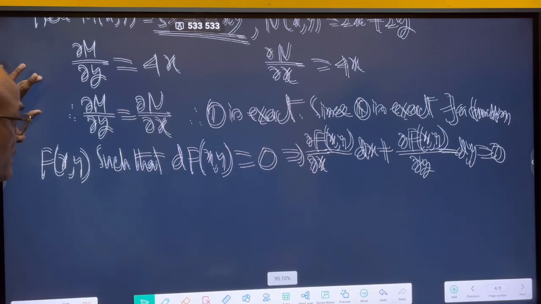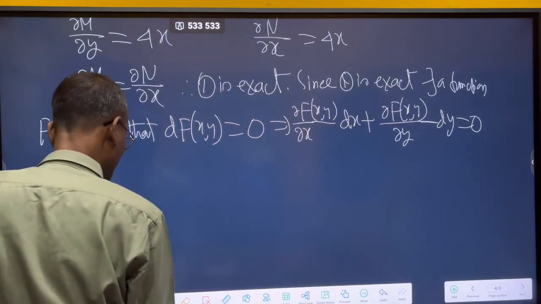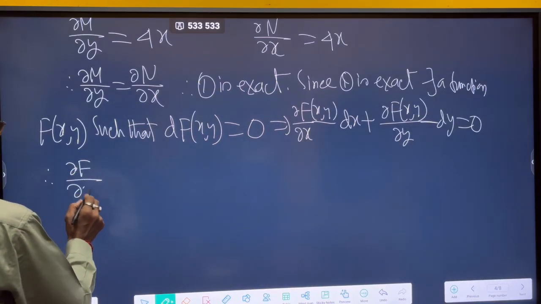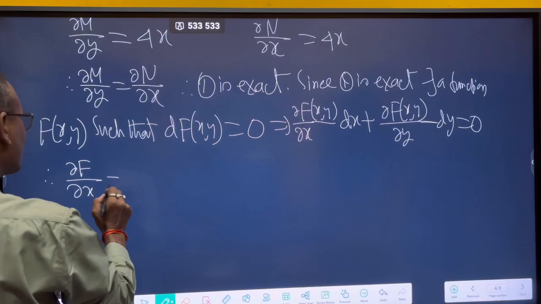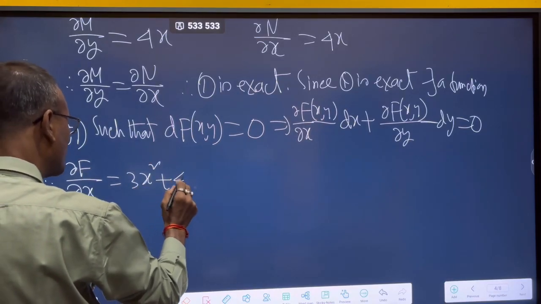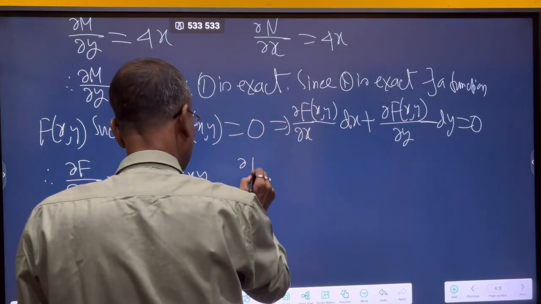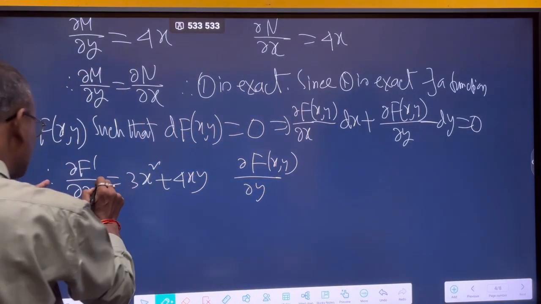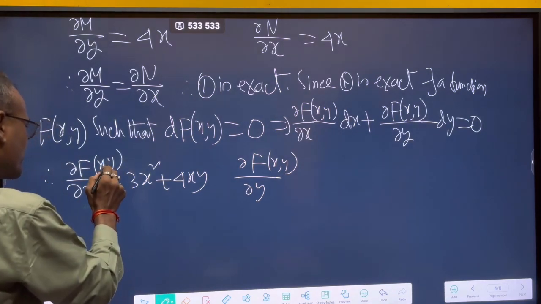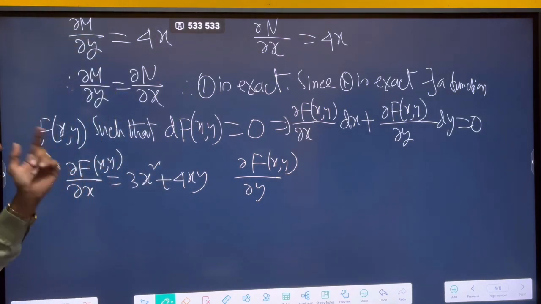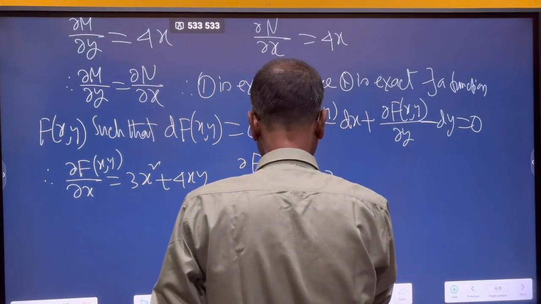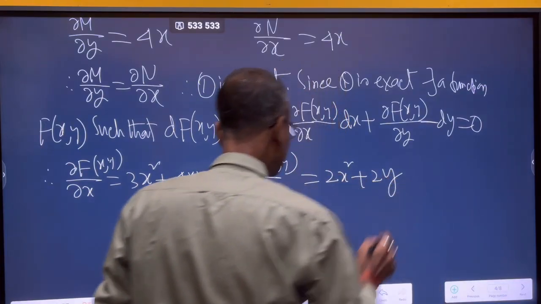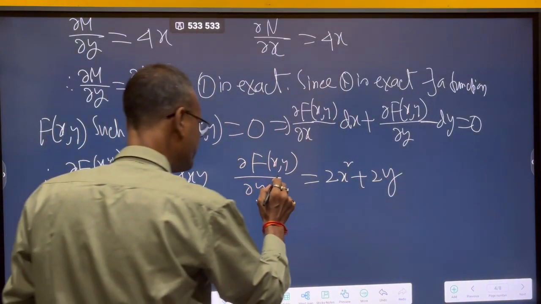Therefore, del f by del x should be equal to 3x square plus 4xy, M, and del f by del y, it is of course a function of x and y, is equal to 2x square plus 2y. You will get this one.